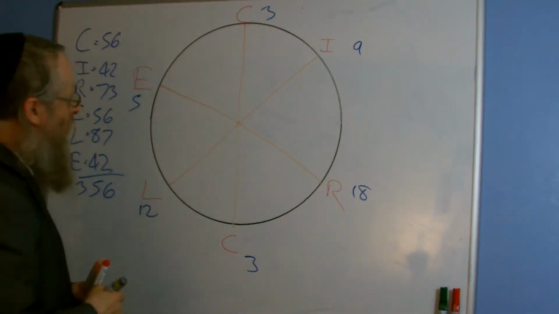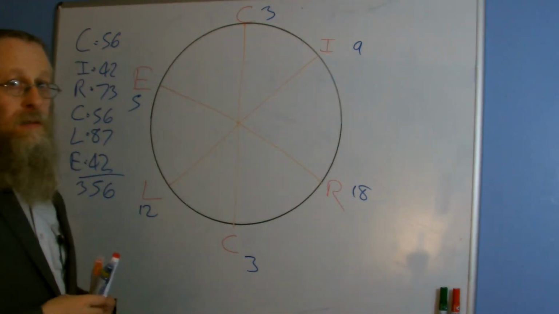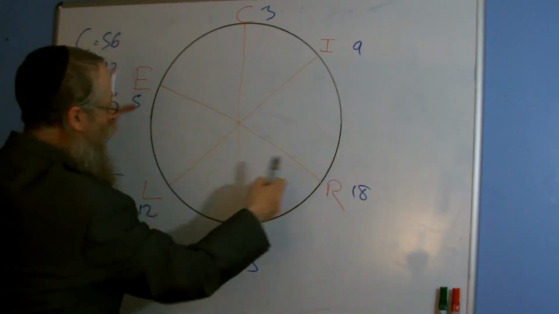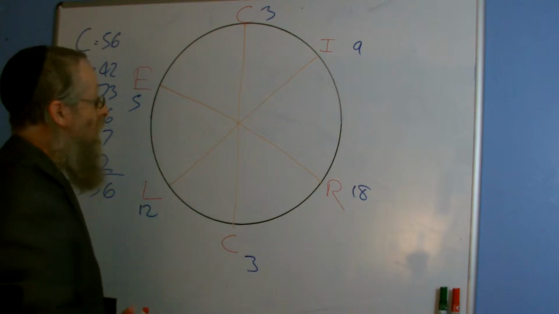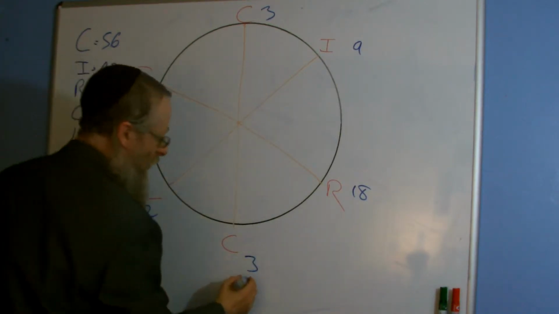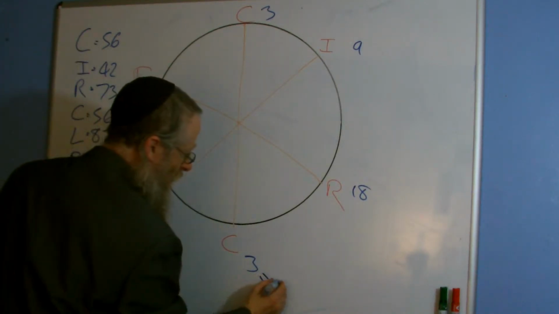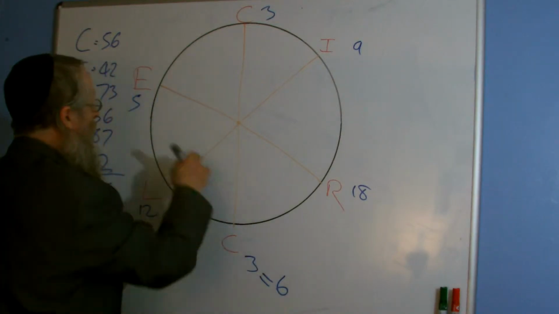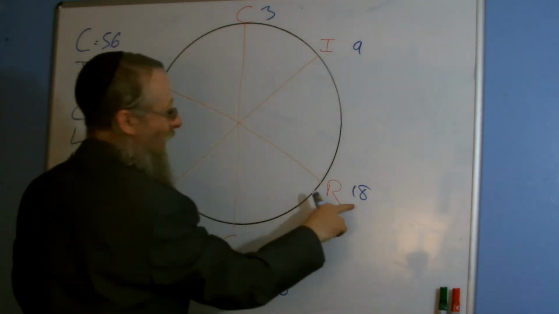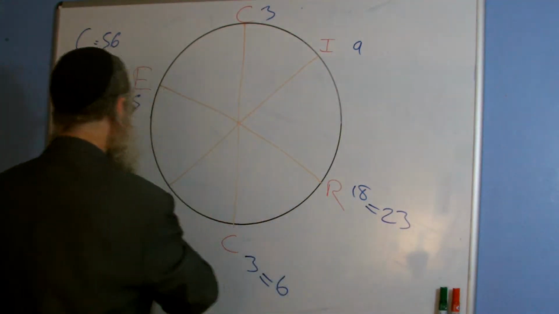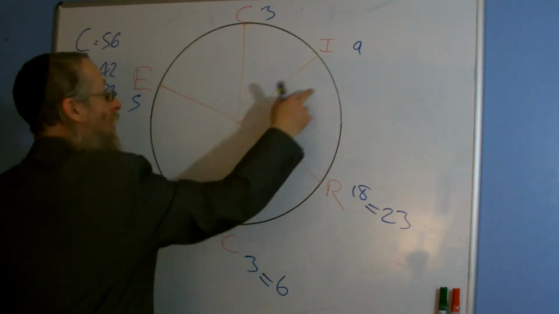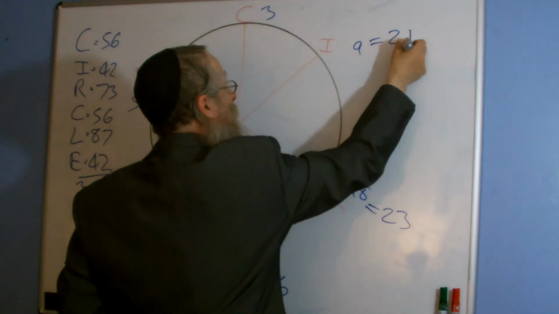And now I'm going to add these up according to their opposite letters. So I get 3 and 3, which gives me 6. I get 5 and 18, which is 23. And I get 12 and 9, which is 21. Okay?